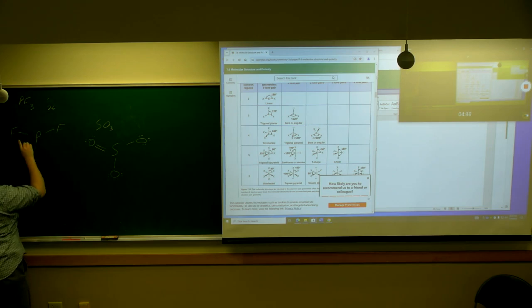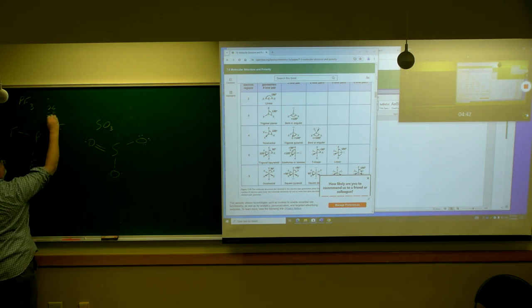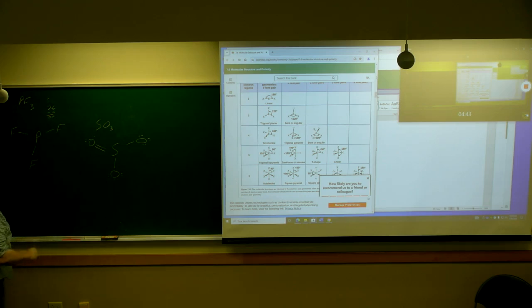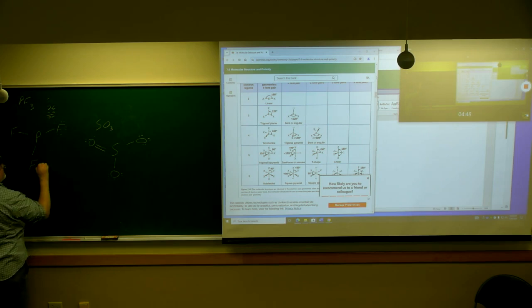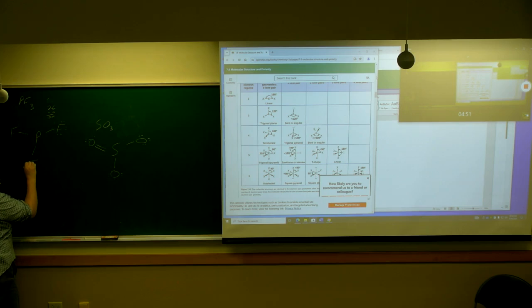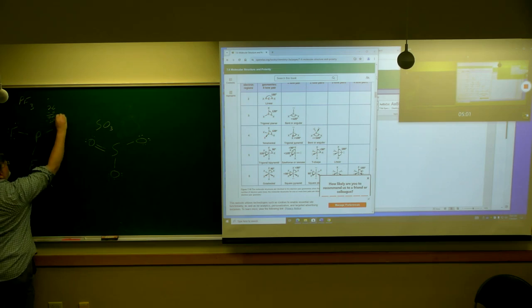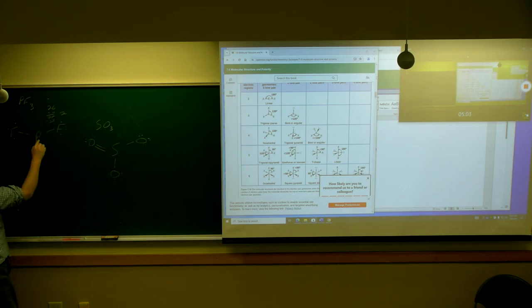I use 2, 4, 6 electrons, so I'm down to 20. Now I fill in these: 2, 4, 6, 8, 10, 12, 14, 16, 18. So I've got 2 electrons left. I'm going to put those in the middle when you have some left over, like that. Now everything has its octet, so that's the Lewis structure for PF3.